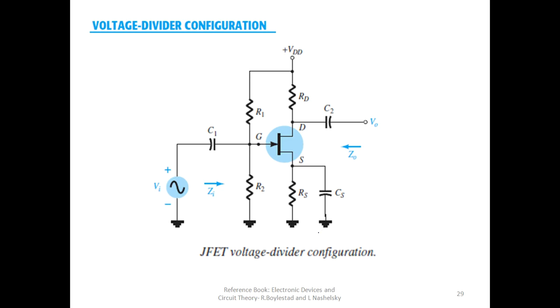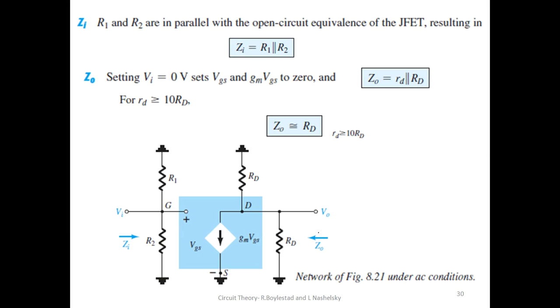Analysis of this voltage divider configuration is very simple, because we have already performed DC analysis of this particular configuration. The only difference is that we will have to short circuit the capacitances and then short circuit the fixed voltages, which is being done here.